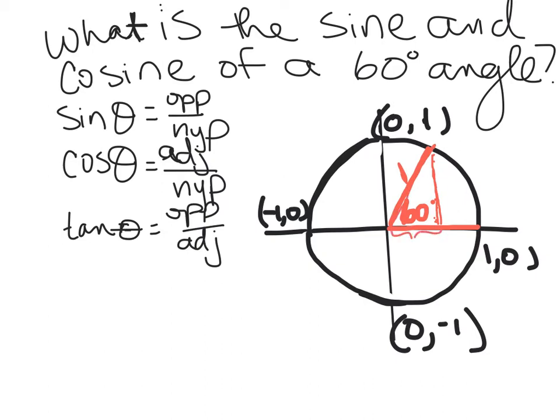This piece is the short side because it's opposite the 30-degree angle. So it's half as big as the hypotenuse. And then this piece here is just going to be square root of 3 times my short side, which is the square root of 3 over 2. So this value of 1/2, this side of this right triangle that's 1/2 a unit long, that's my x value.